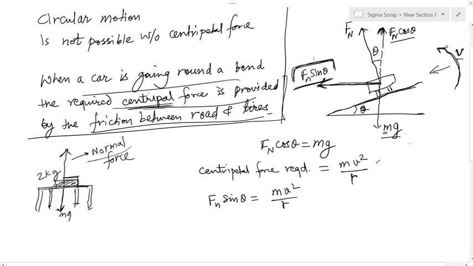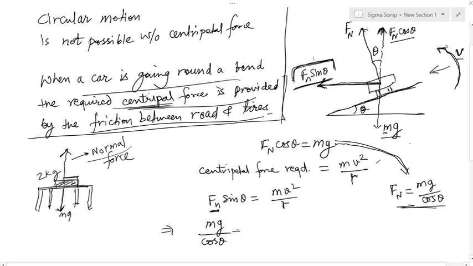We got the two equations here. From this equation, I can rewrite that as Fn equals mg over cos theta, and I will substitute this value of Fn in this equation. So in place of Fn, I'll write mg over cos theta, times sin theta, equals m v square over r.